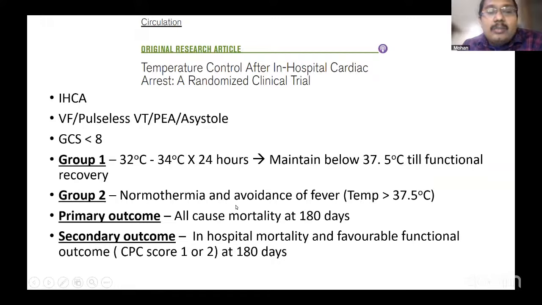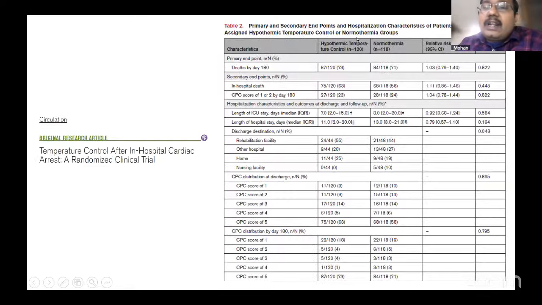In group 2, normothermia and avoidance of fever until there is functional recovery. The primary outcome they've seen is all-cause mortality, and the secondary outcomes are in-hospital mortality and favorable functional outcome. Around 120 patients were randomized to hypothermia and 118 patients to normothermia, and the outcomes were similar in terms of primary endpoint and secondary endpoint.